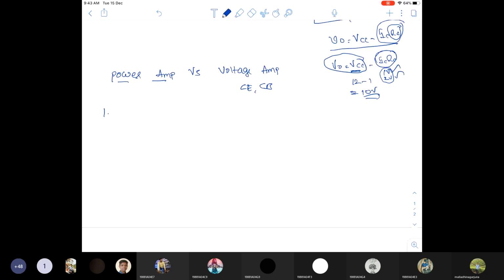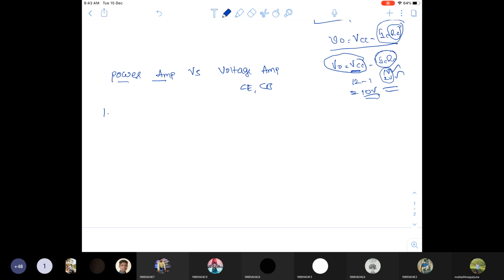You are losing some information, this 1 volt and 2 volts, here. So the power amplifier is used to improve the efficiency, which means we are going to retain this 1 volt and 2 volts also. It doesn't mean that the power amplifier amplifies the power. It improves the efficiency and retains the output voltages, so there are some drops.